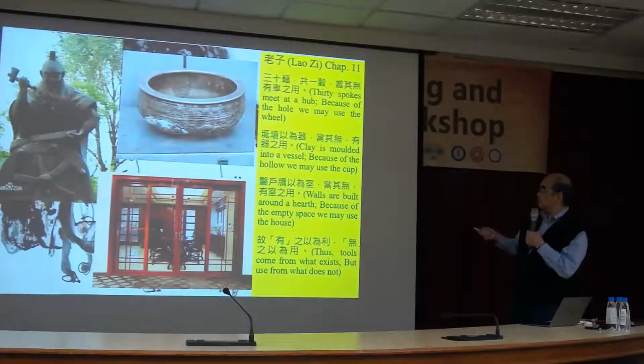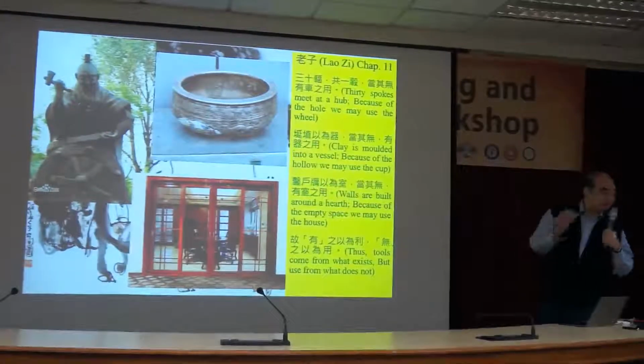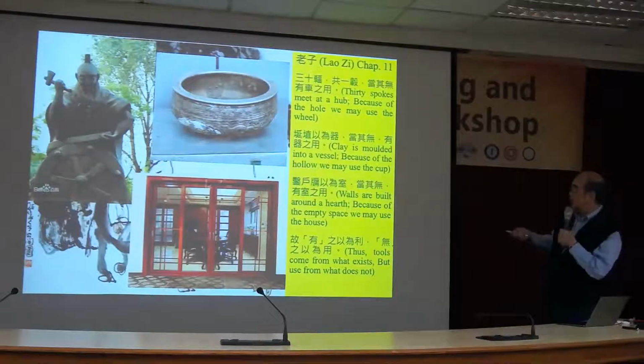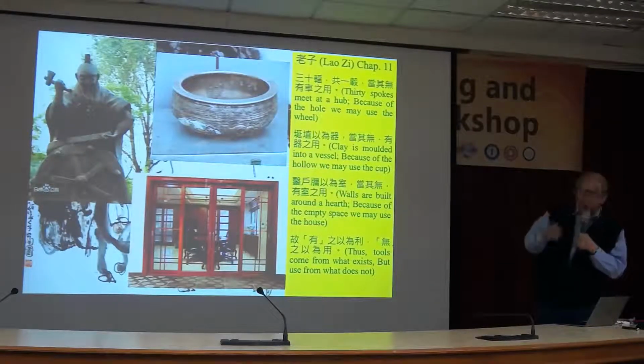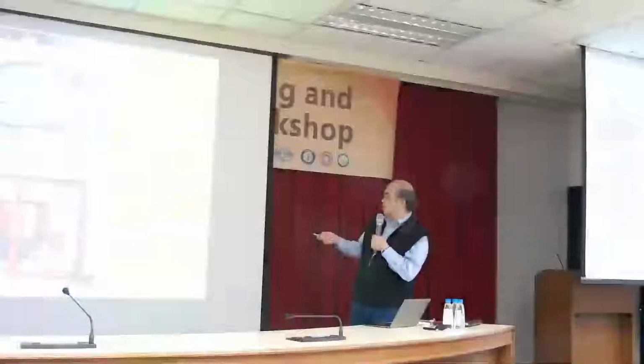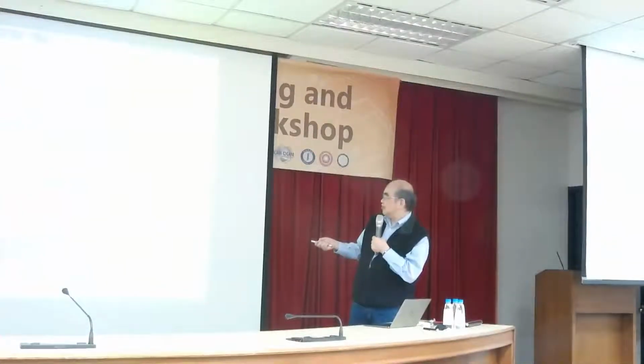Clay is molded into a vessel, but because of the hollow, we may use the cup. You need an empty space to contain anything. Doors and windows are built into the house, but because of the empty space, we may use the house.